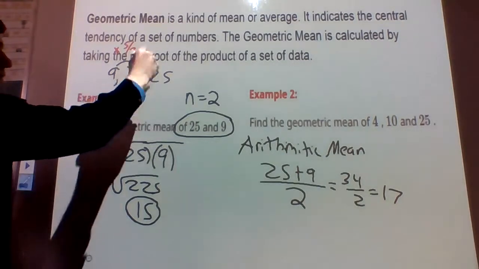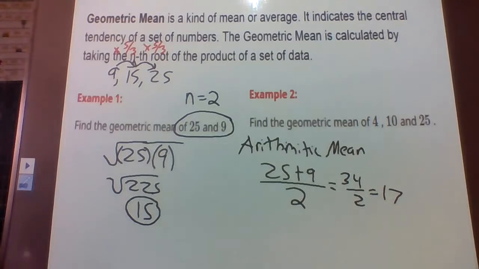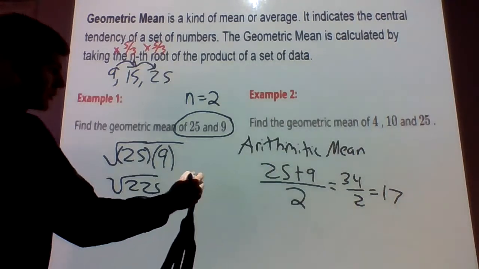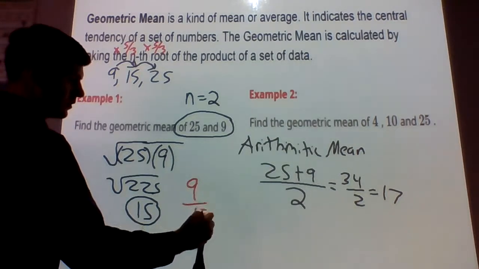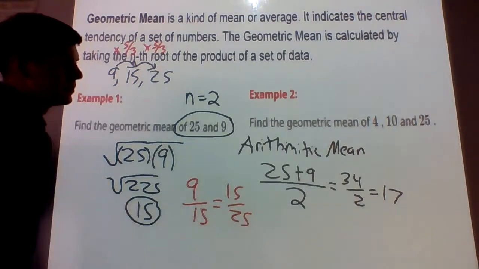Okay, to get from 15 to 25, we're going to need to multiply by 5/3 as well. Right, it's going to be proportional. If you had a proportion 9 over 15, it's going to equal 15 over 25.